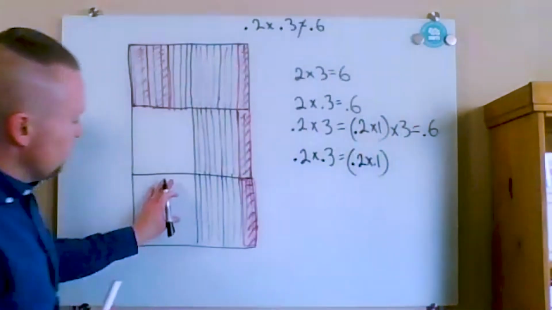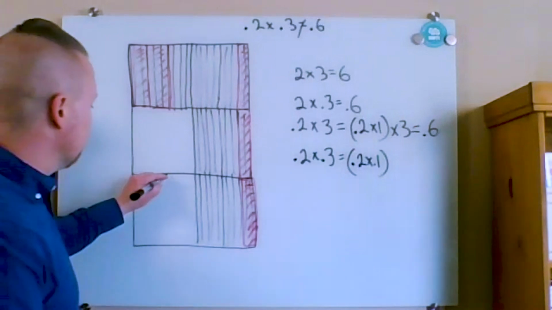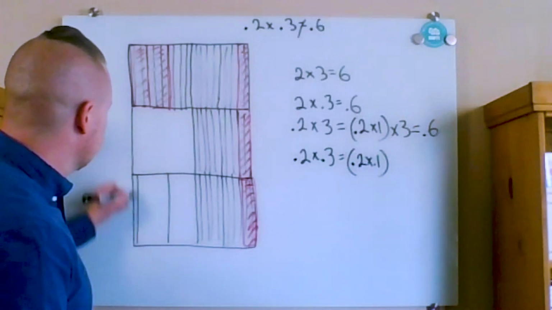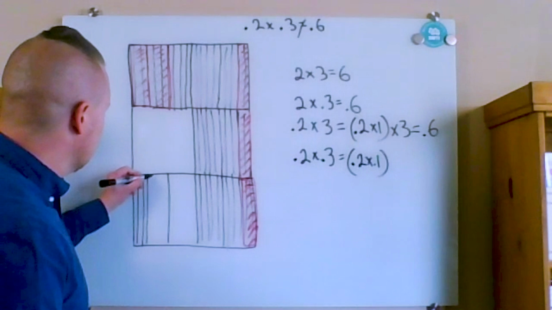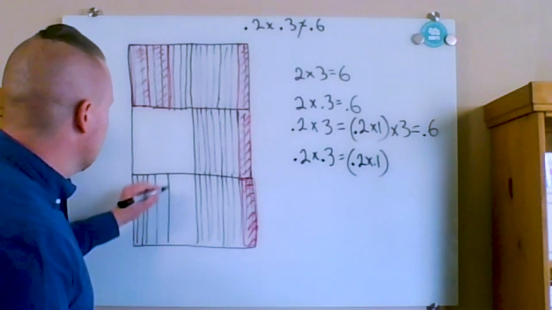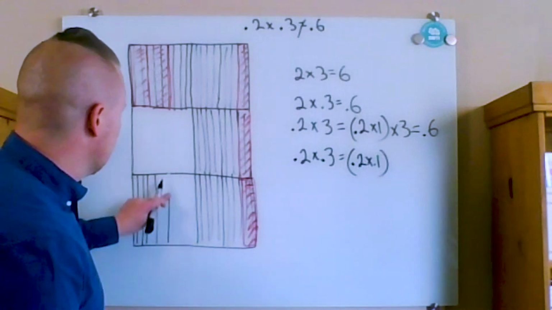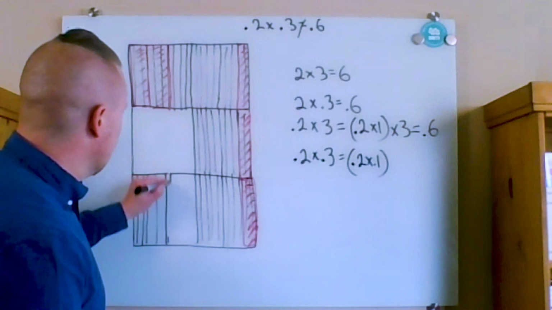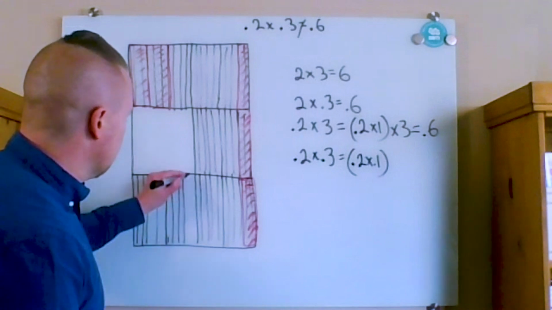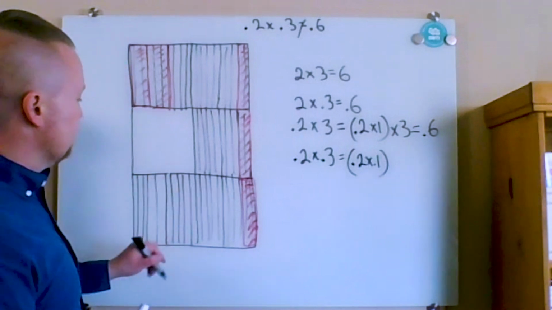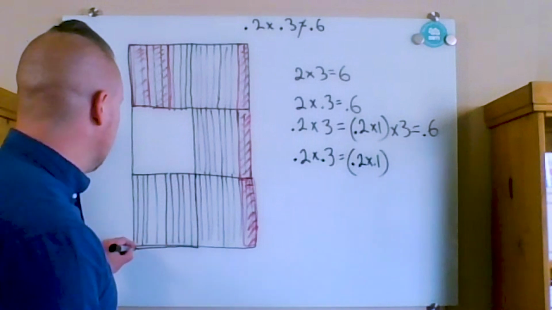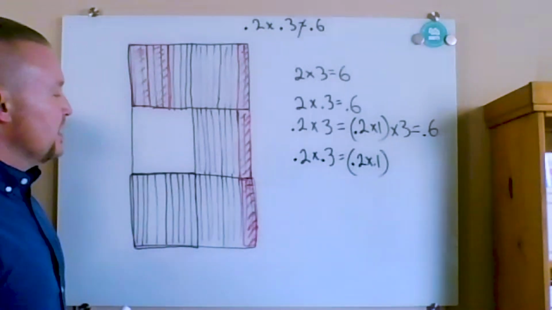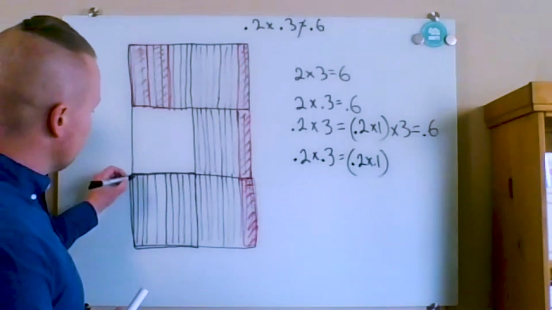So I'm going to move over to this last unit of 1 and just partition down to tenths. Okay, so I've got tenths now, and again, I'm just working in this unit of 1 for right now. And I'm going to find 2/10 of just a single tenth.